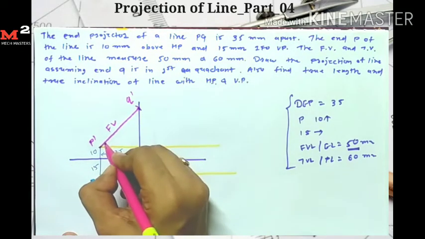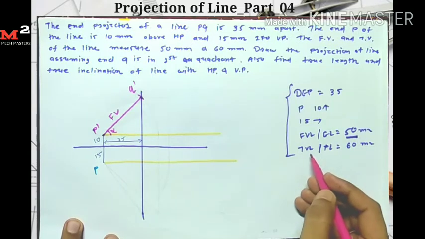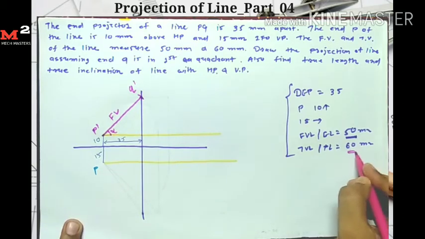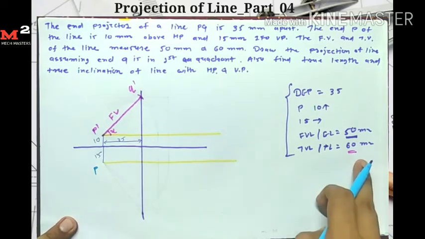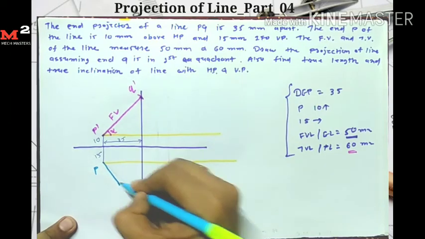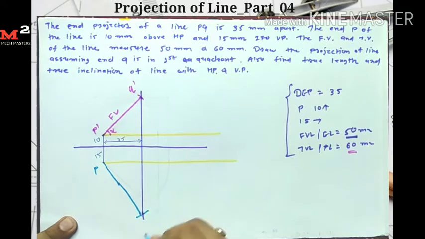The angle made by the front view is the apparent angle alpha. Similarly, the top view length is 60 mm. For finding the point Q I have two conditions: its distance from point P is equal to 60 mm, and the point lies on this vertical line. So I take P as a center and 60 mm as a radius, and draw one arc which intersects this vertical line here.